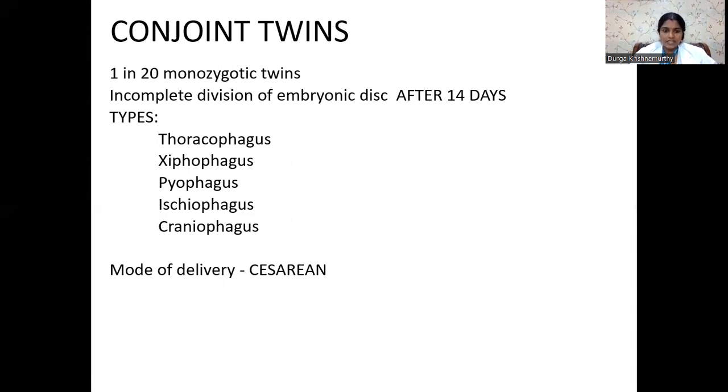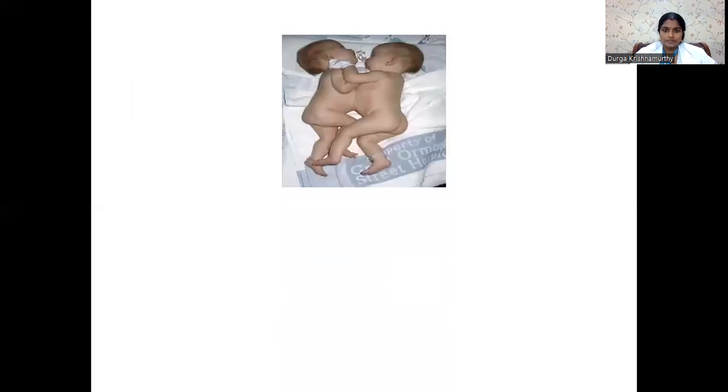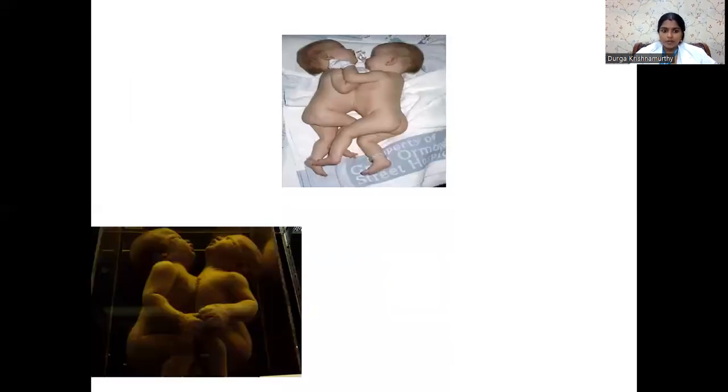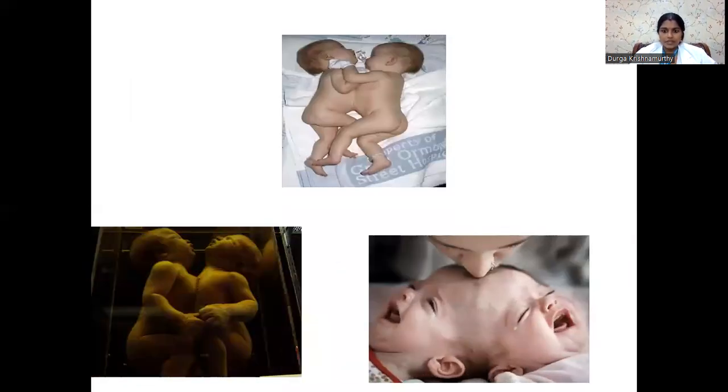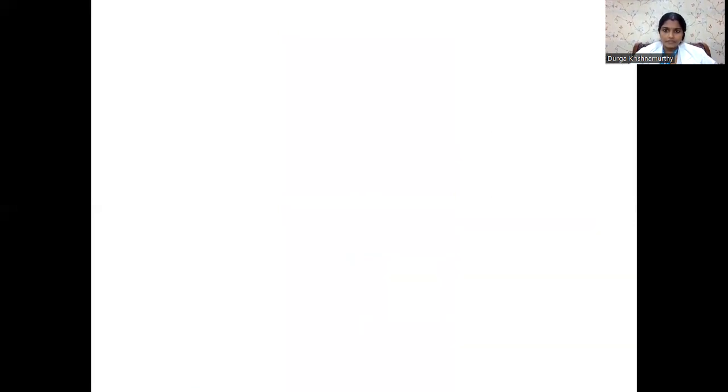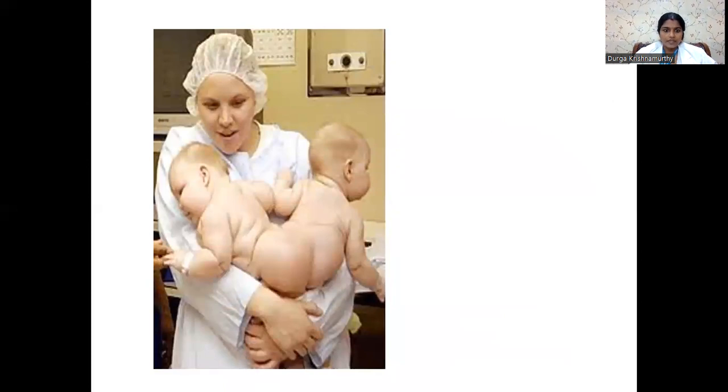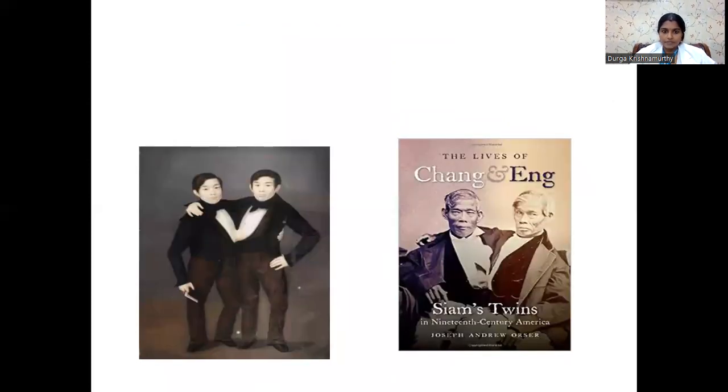The mode of delivery in such cases is cesarean section. This is thoracopagus. This is craniopagus. This is at the level of the buttocks, ischiopagus. So these are some live examples, the famous Yams twins. And you see their family, which has grown big enough.